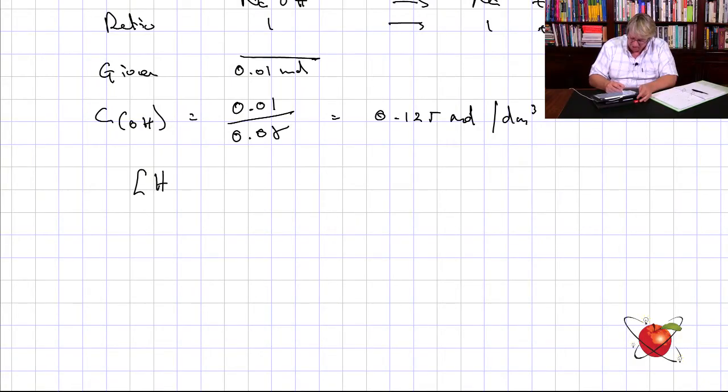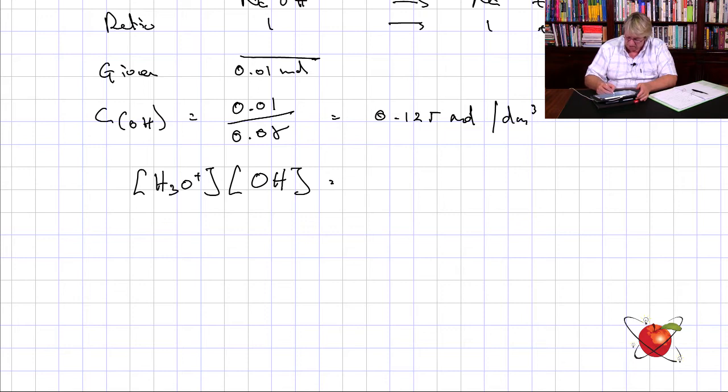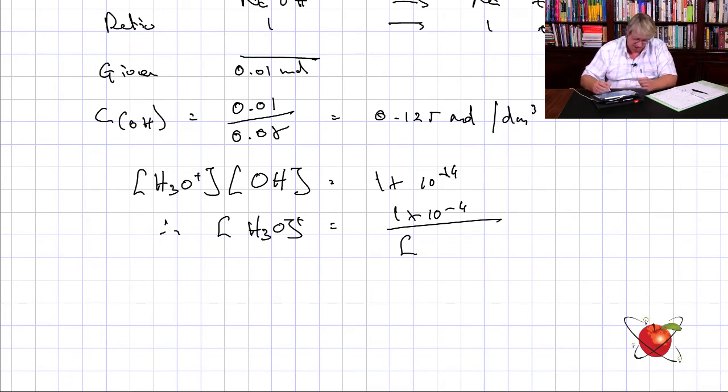And now just recapping again, if we've got that, remember, the concentration of the H3O plus times the concentration of the OH minus is the dissociation constant, which is going to be 1 times 10 to the minus 14. Therefore, the concentration of the H3O plus is going to be equal to 1 times 10 to the minus 14 divided by the concentration of the OH, which is 0.125, which is going to be equal to 8 times 10 to the minus 14.